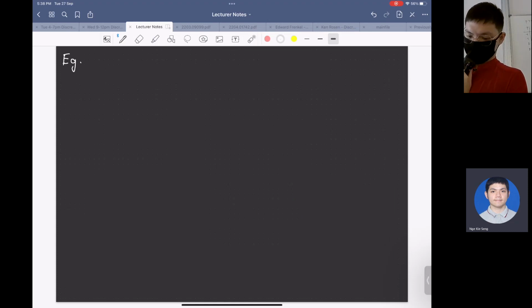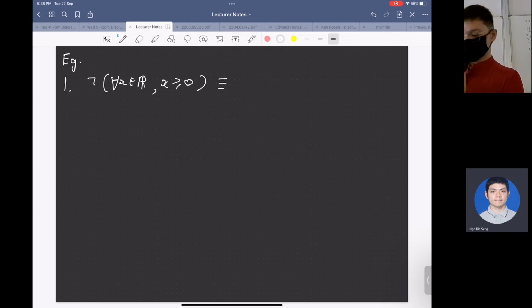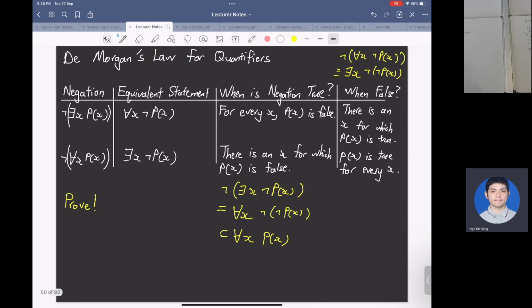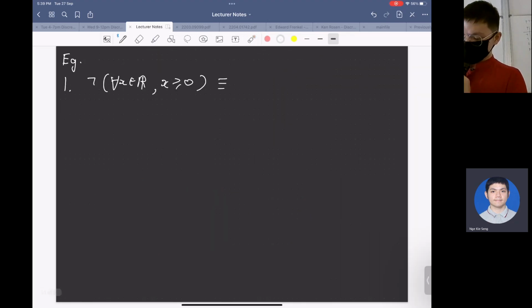Example 1. Not for every x in R, x greater or equal to 0. So what is the negation of this line? For all becomes what?